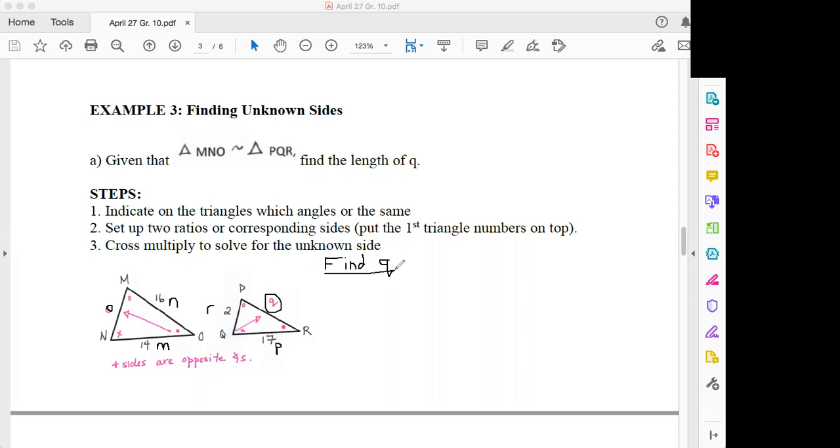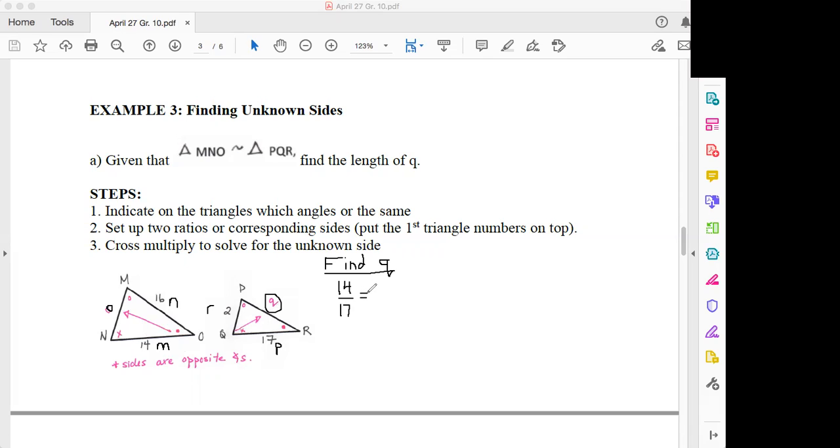Let's say this side length is the same as this side length. You're going to put that into a fraction, so 14 over 17. You've got your first triangle side and then your second triangle side that is the same thing.